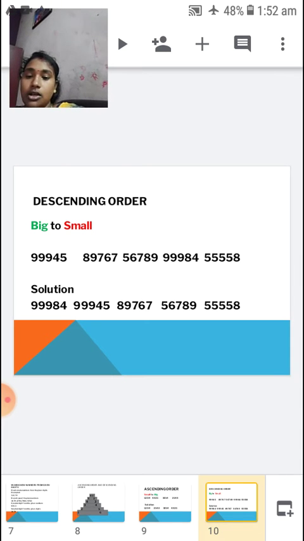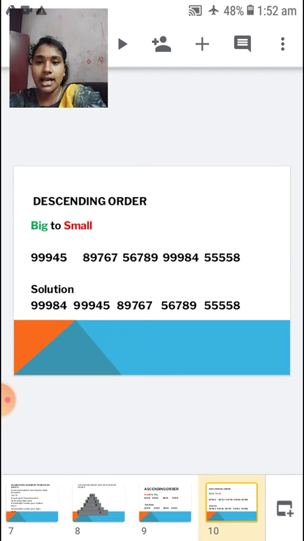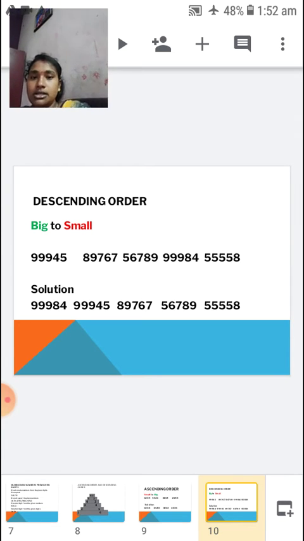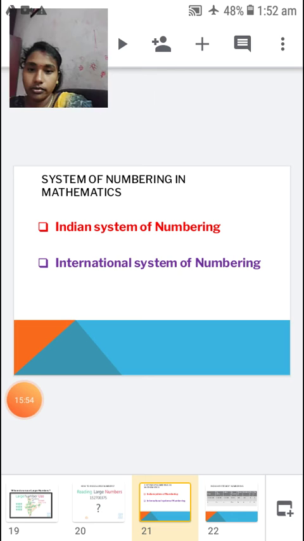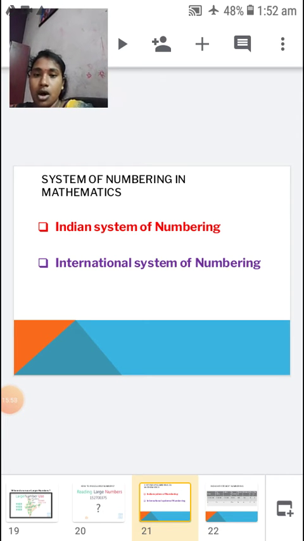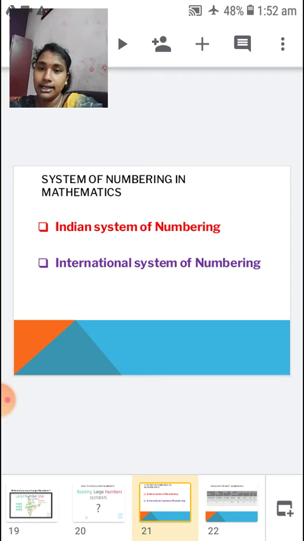Okay children? So now let us see the place value systems that are used for arranging numbers in order and to make reading larger numbers very easy. Now we have two different systems of numbering, that is the Indian system of numbering and the international system of numbering.